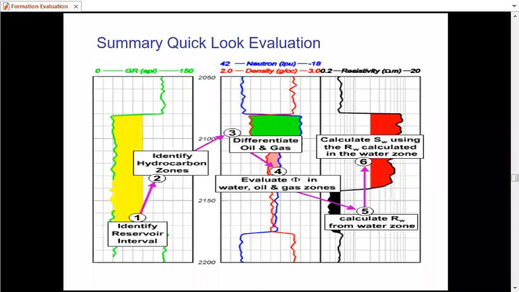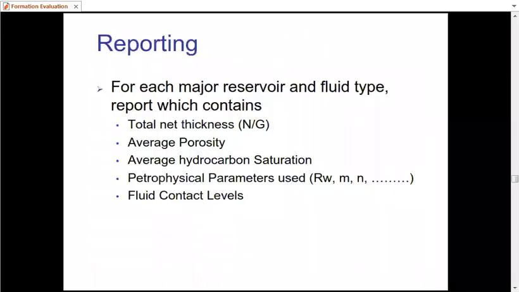First you have to compute the value for water resistivity, and finally you have to write a report for each major reservoir and fluid type.